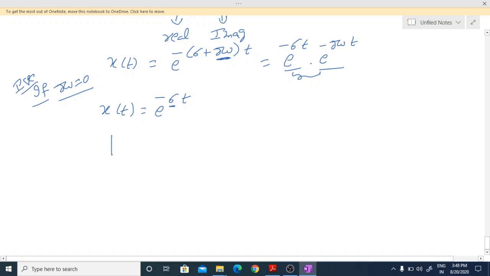So here, x of t, if sigma equal to 0, we get a DC signal.